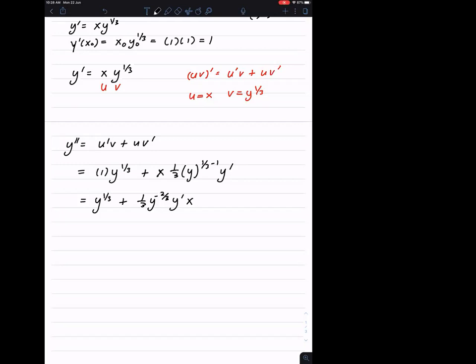Is this okay? Anybody still confused about these things? So you have to know how to do this type of thing. What you're doing to y is an implicit differentiation.